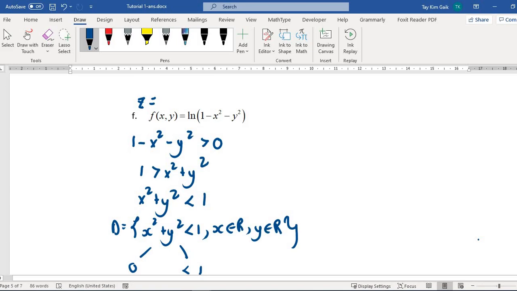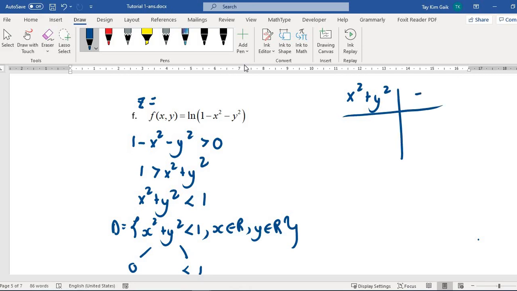So we try to look at the set of the exact values. So I'm going to put it out like this. Okay, so this is x squared plus y squared, which causes the z. Z is ln(1 minus, factor out negative).